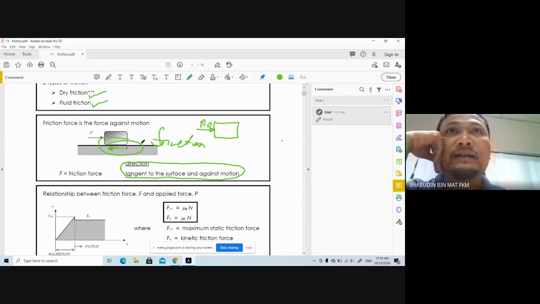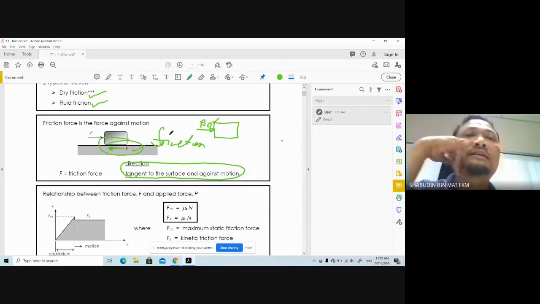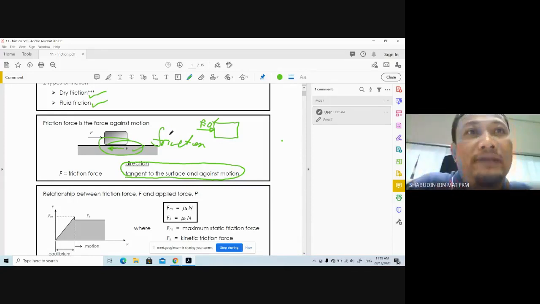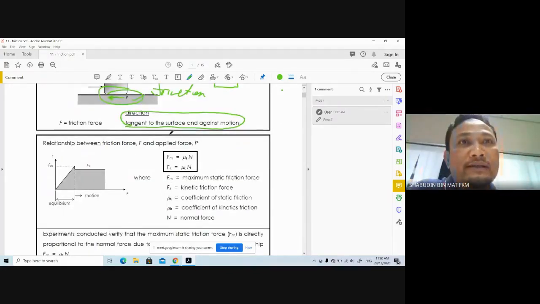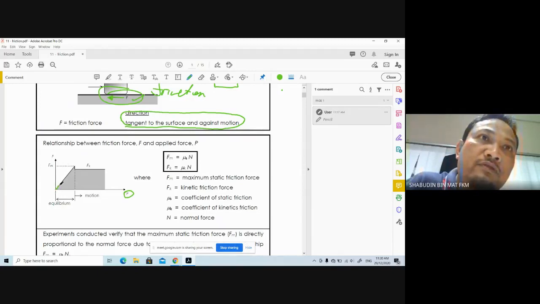When you increase the force P, the friction force will also increase. This is what the diagram looks like. The friction force increases from 0 to a certain level.